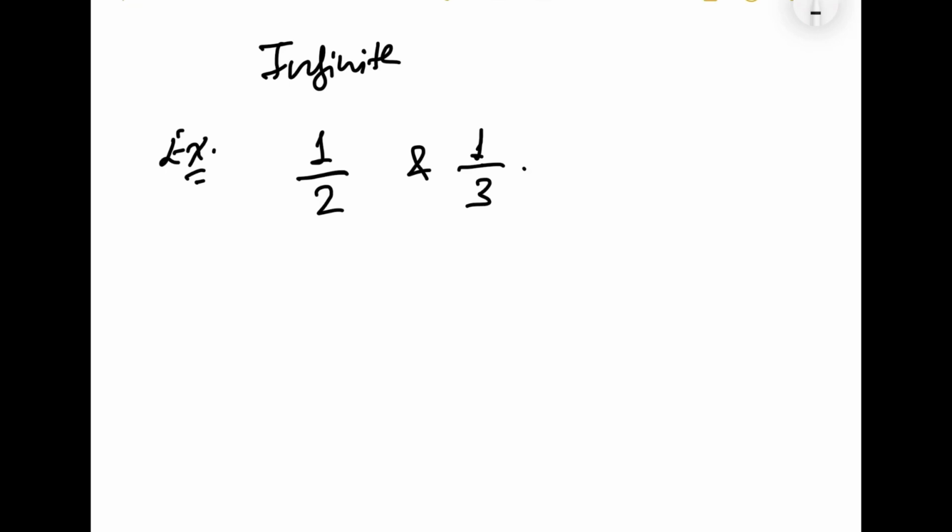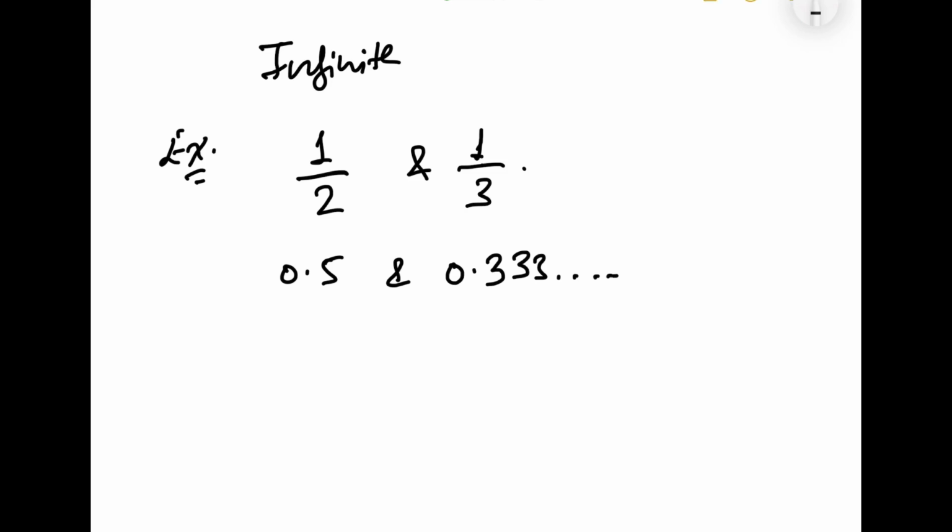First, we can convert these rational numbers into decimal form. So 1 upon 2 can be written as 0.5 and 1 upon 3 can be written as 0.333 and so on. Okay, so we can write some rational numbers between them.